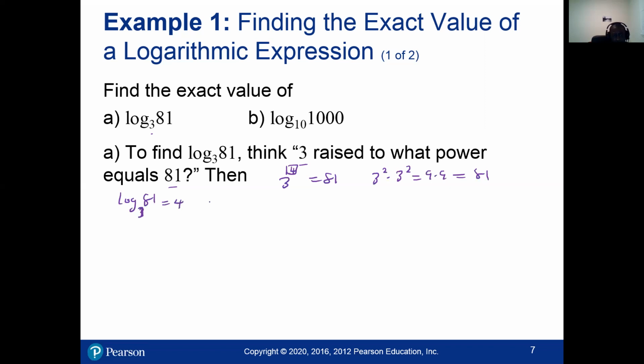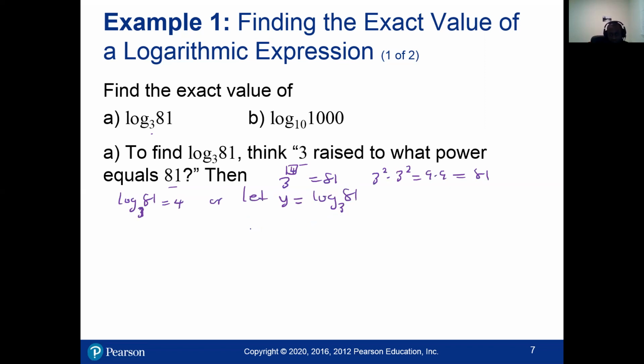Or if you cannot get that straight away, you can see the multiplicity of 3 to get the answer to be 4. We can also solve it as an equation. Let's say y is equal to log 81 base 3.